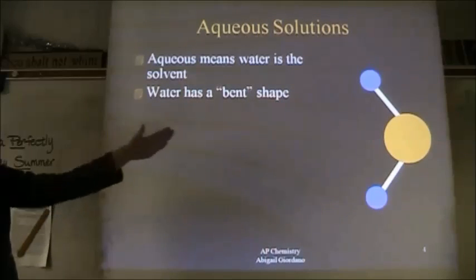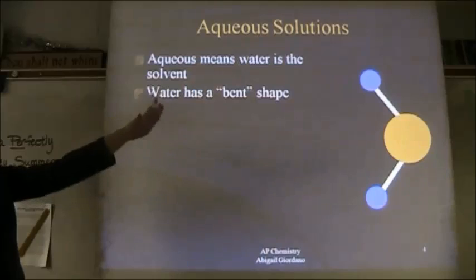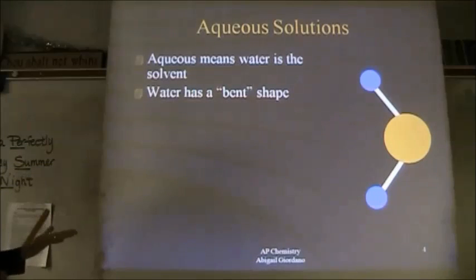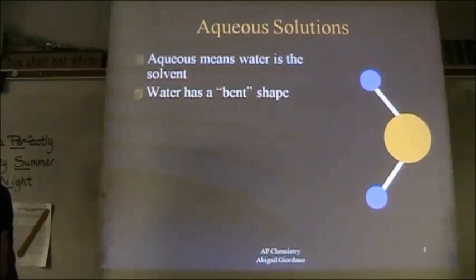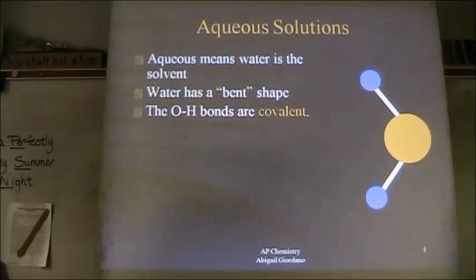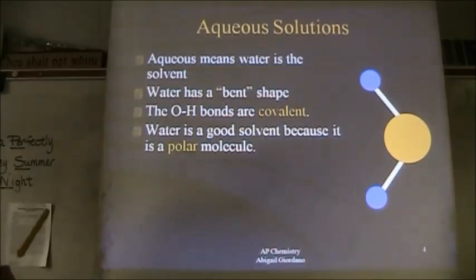Okay, so this is a picture, a model of a water molecule. It has that bent shape. It's a covalent compound. Okay, and water is such a good solvent, not only because it's just readily available on Earth, but because it is polar.